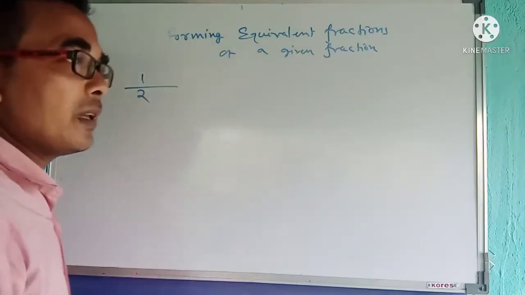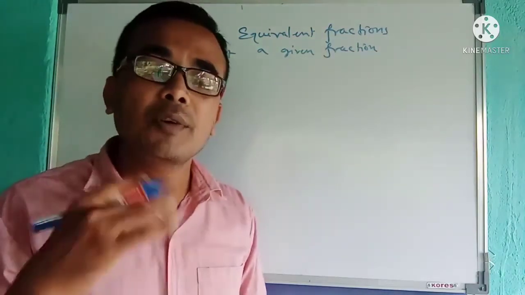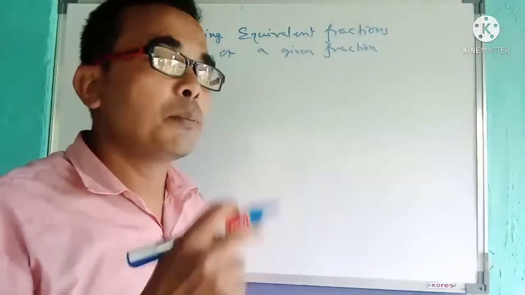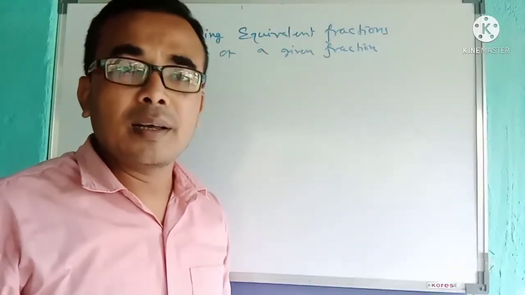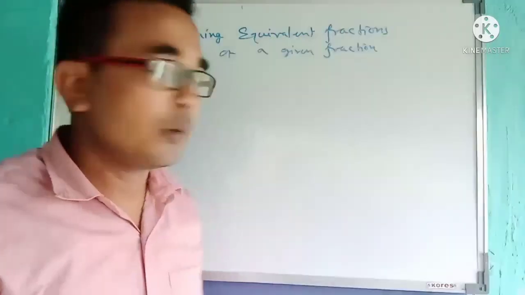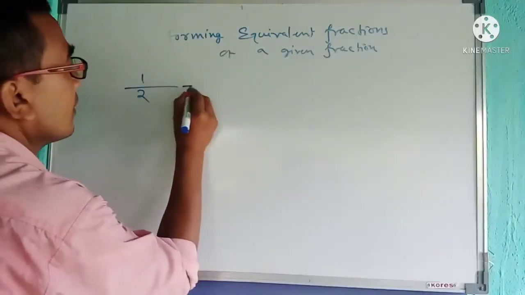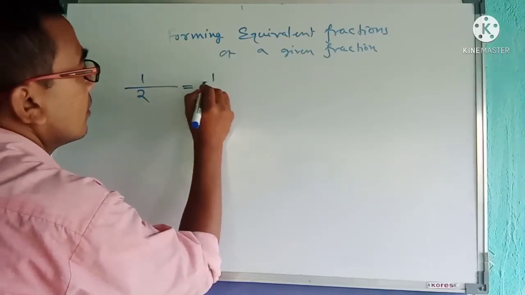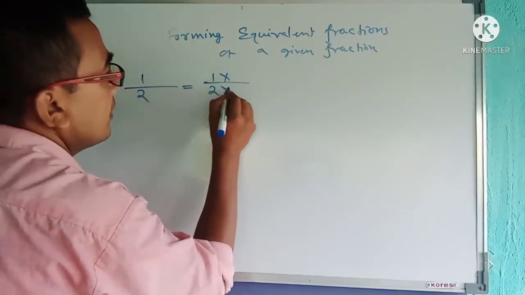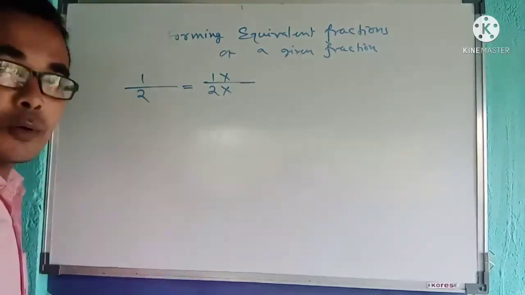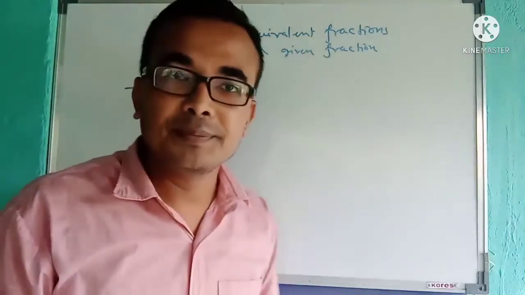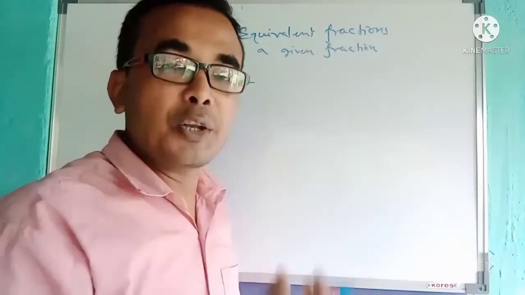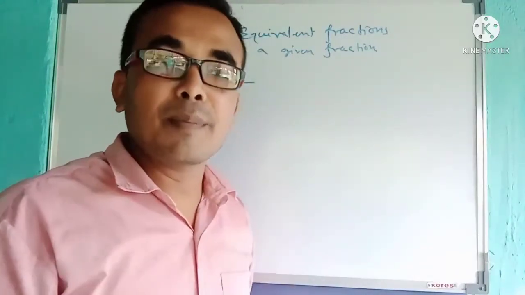So how can we form that? We can form equivalent fractions of a given fraction by multiplying or dividing both the numerator and denominator by the same non-zero number. Multiply, because this is one rule of equality in a fraction. If you do any operation at the numerator, you have to do the same operation at the denominator.